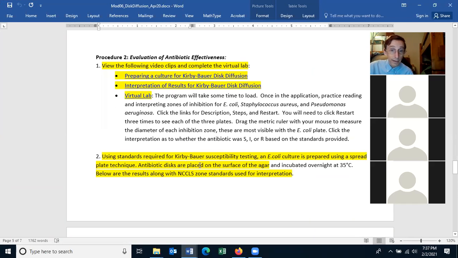And then use the standards required for the Kirby-Bauer susceptibility testing, prepared using a spread plate technique. Antibiotic discs are placed on the surface of the agar and then incubated overnight. And below are the results along with the NCCLS zone standards used for interpretation.